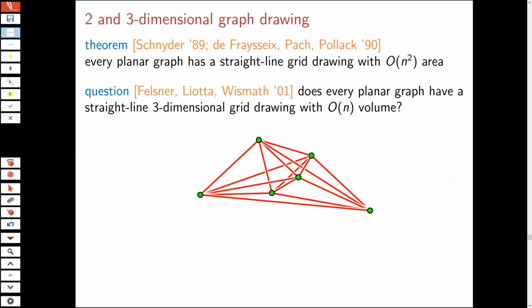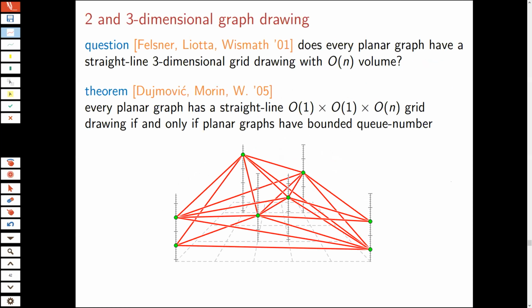Now, it turns out that this question is intimately related to the queue number question, because we proved that every planar graph has a three-dimensional grid drawing where the shape of the bounding box is narrow and very long. If it's constant by constant by linear, then whether every planar graph has such a grid drawing is if and only if the planar graphs have bounded queue number. And this theorem doesn't really depend on planar here.